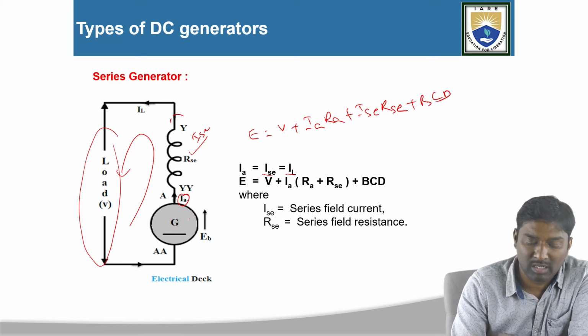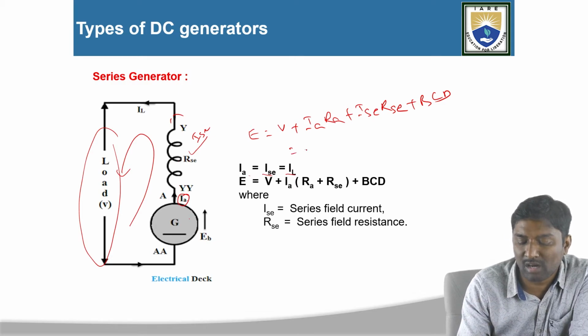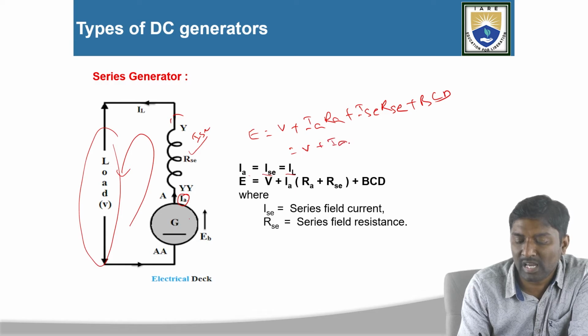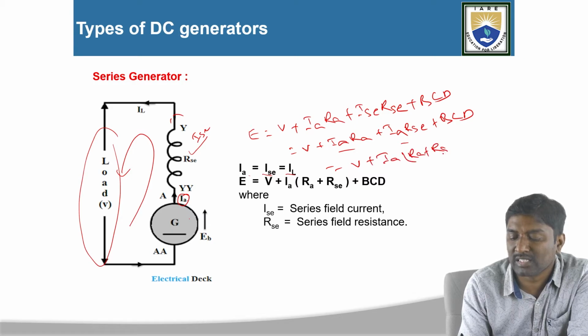But according to the series generator, IA is equal to ISC is equal to IL. So in place of ISC I am writing IA, RSC plus BCD. Now IA is common, so I take it out: V plus IA into (RA plus RSC) plus the brush contact drop.